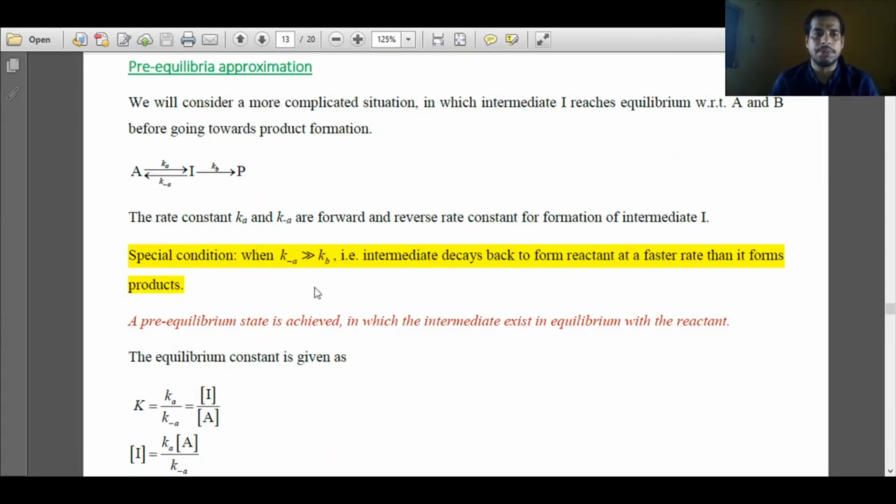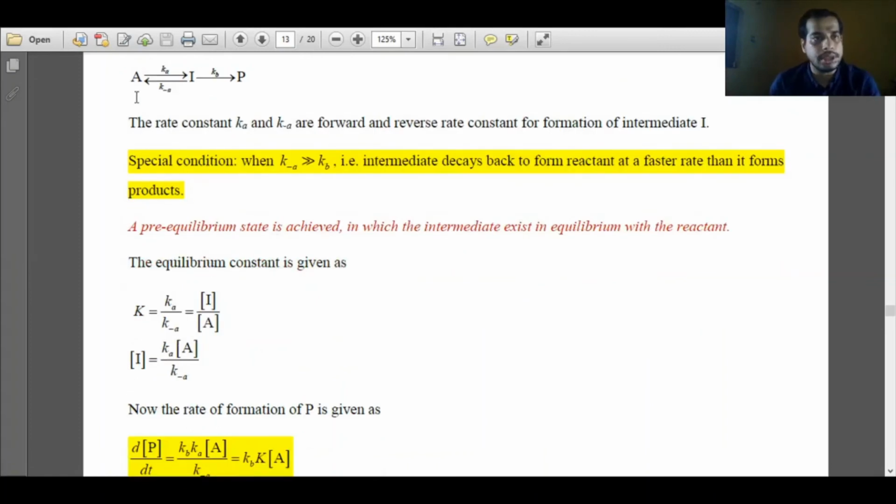If they are existing in equilibrium, there should be an equilibrium constant. The equilibrium constant is the ratio of the forward rate constant divided by the reverse rate constant. So the forward rate constant is Ka, the reverse rate constant is K minus A, and capital K is the equilibrium constant.